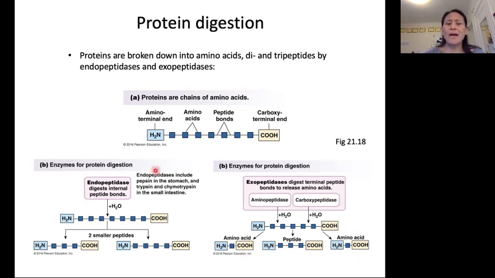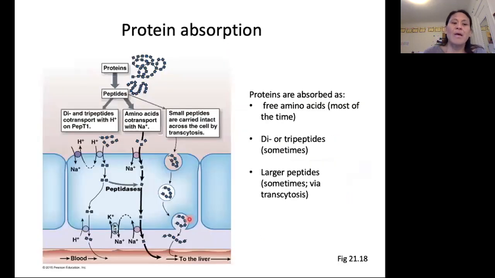I do want to remind you that some of this process does start in the stomach. Remember that we had pepsin that was going to start to break down some of the proteins, but we also have a lot of this happening in the small intestine as well. Okay, so once we have broken down our proteins into smaller components, either individual amino acids or di or tripeptides or occasionally longer peptides, we are then ready to absorb them.